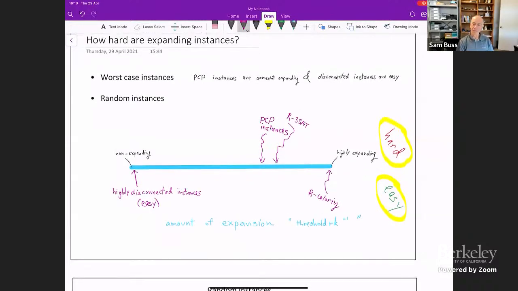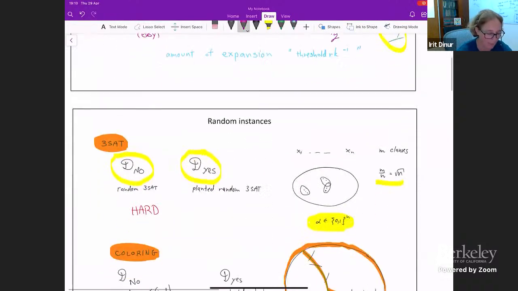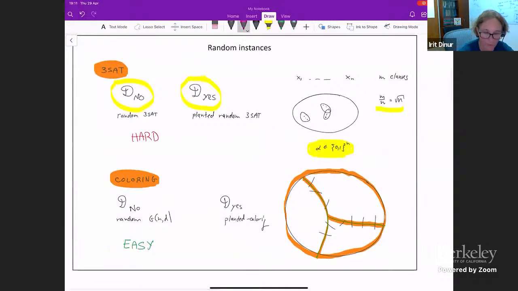So I want to say a couple of words on what is going on in this spectral algorithm, the Alon-Kahale algorithm. How does it manage to recover the planted 3-coloring that we saw here? And why can't you just take this algorithm and run it on the random 3-SAT?